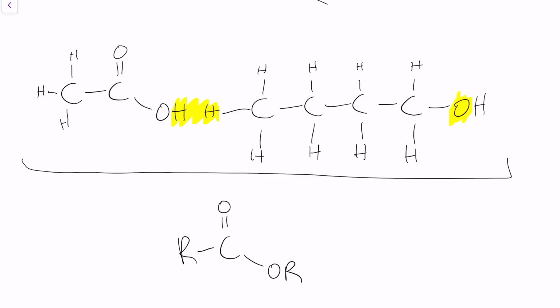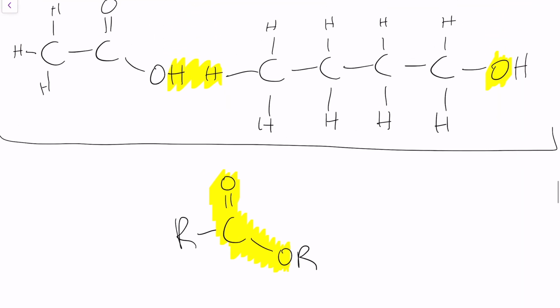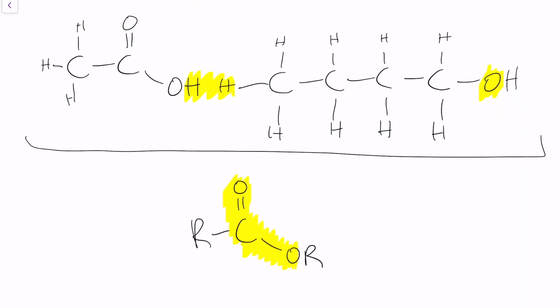I don't want a hydroxyl group at the very end of this. Basically, my group here will just be a C double bond to O, and also a single bond to an O, and then an R group after that. So I want that to be in the middle with nothing else. The R group is just C's and H's.